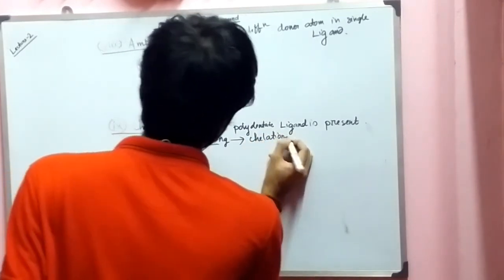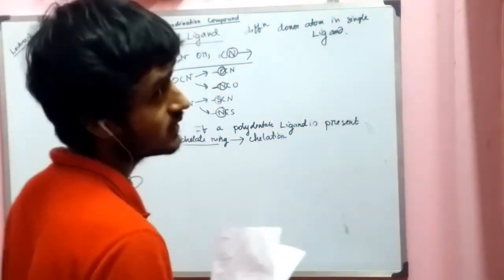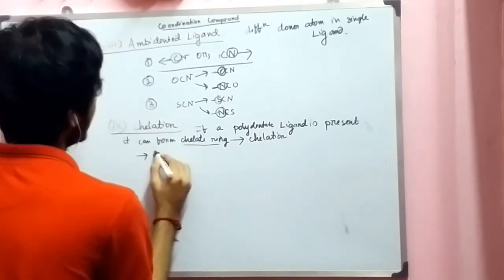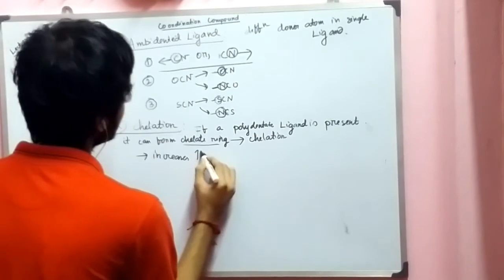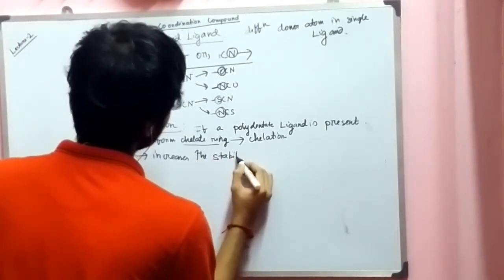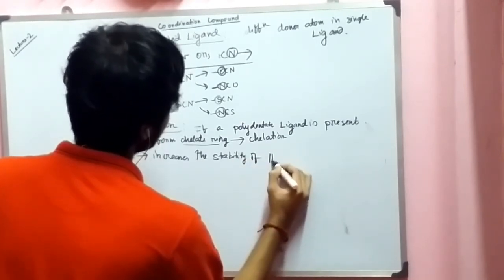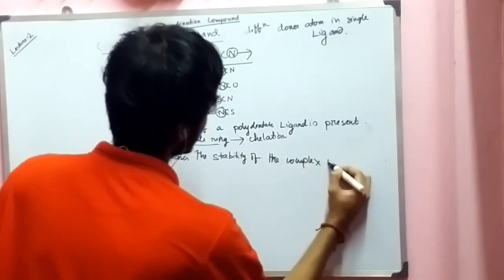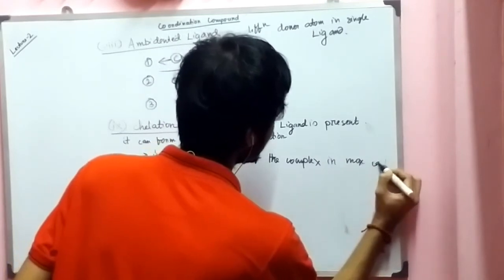And surprisingly, this chelation, that is the ring formation with the central atom by the ligand, increases the stability of the complex in maximum cases.